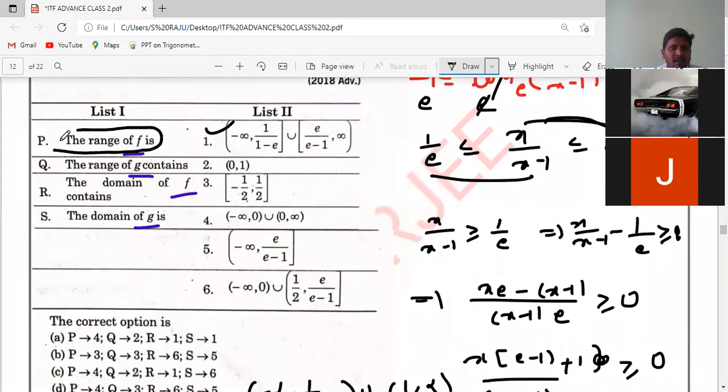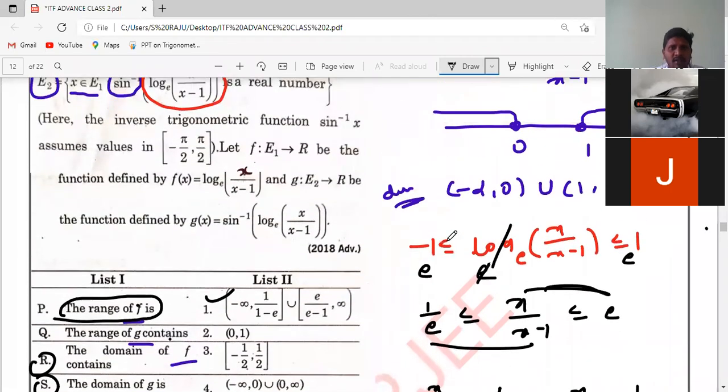Okay, they are asking for the range of f, and the range of g. See, first we will see the domain of R and S. Here, the g function is given as sine inverse of this. If I take the composite function g(x), it can be written as sine inverse of f(x).